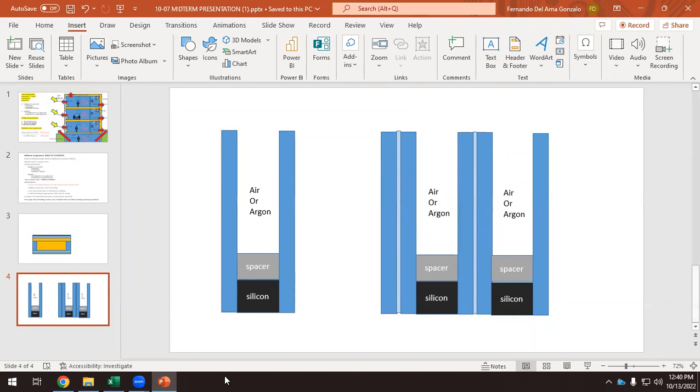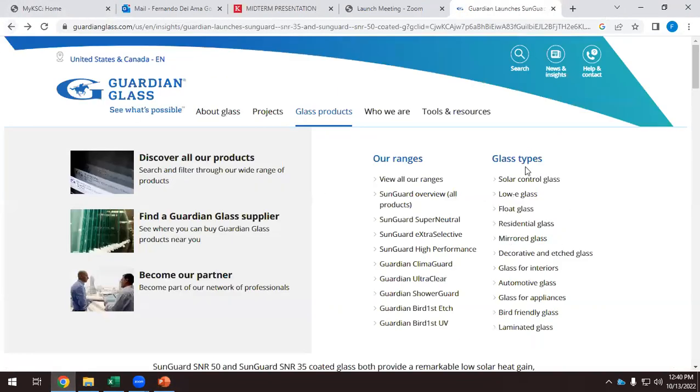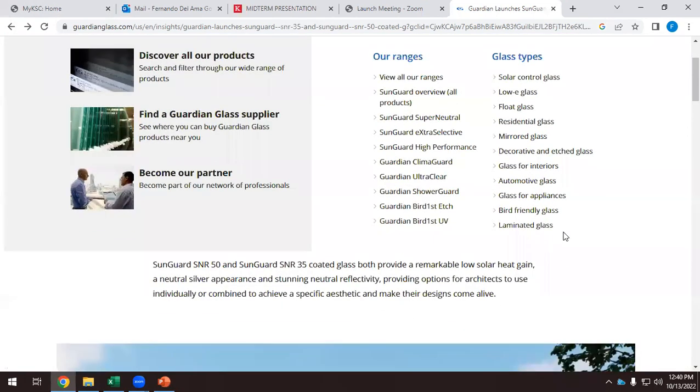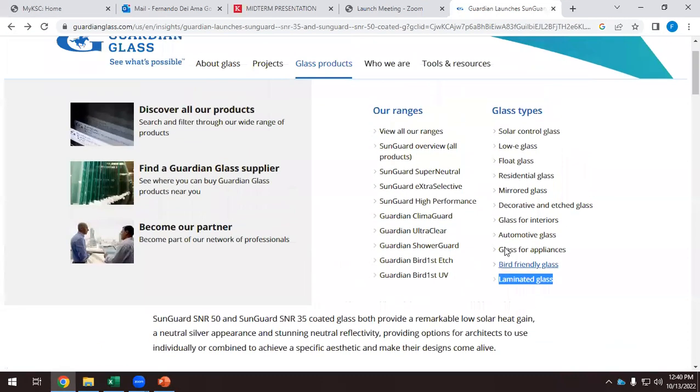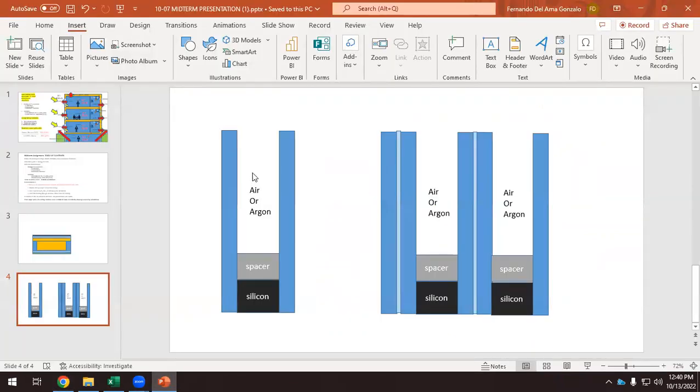Okay, so that's the glass. When you are reading this in the catalog, laminated glass, now you know what it is. And now we have this kind of coatings. There's another thing we can have in the glass, which are the coatings.